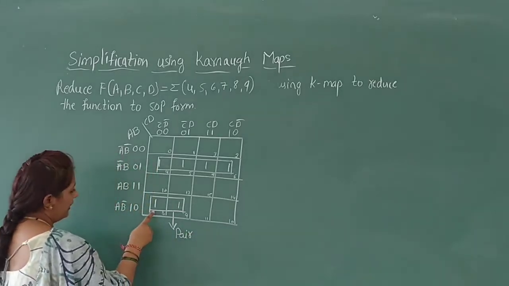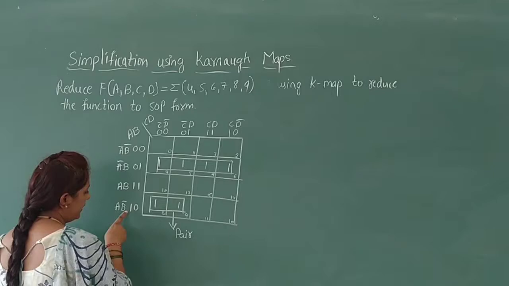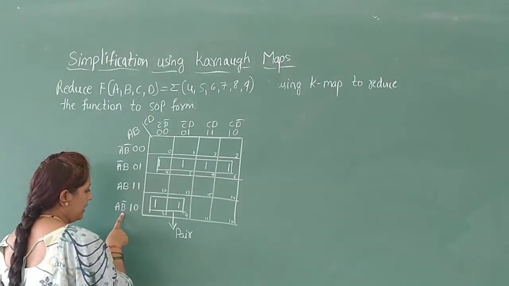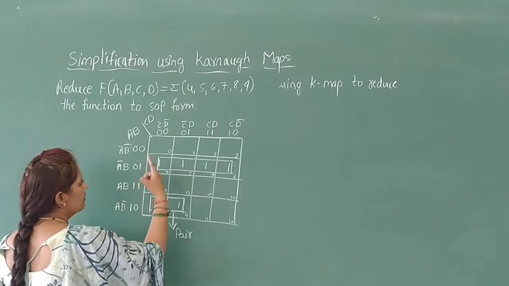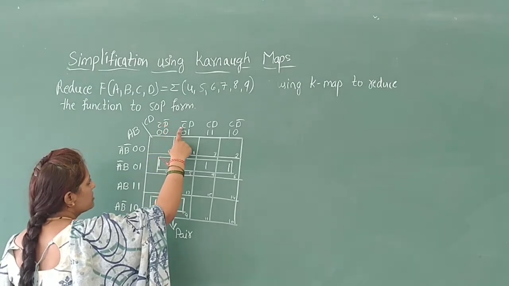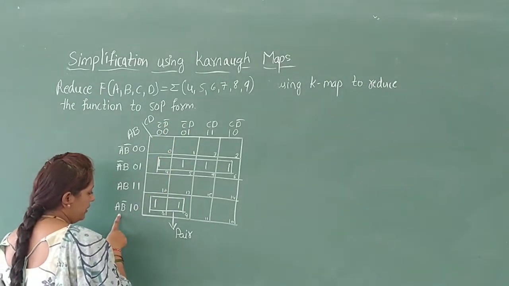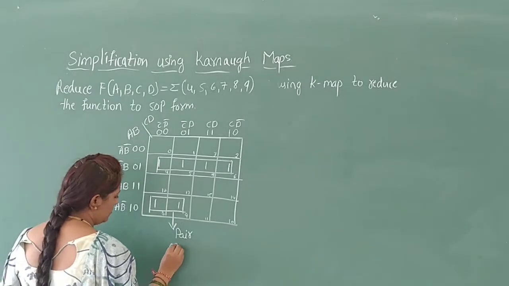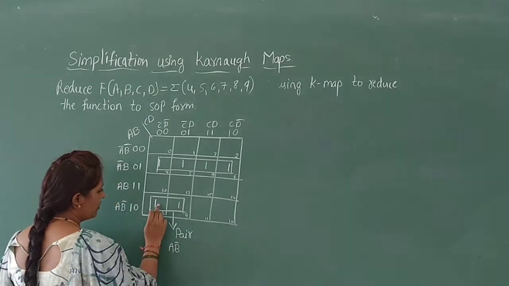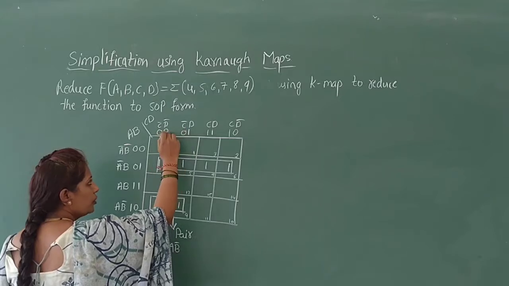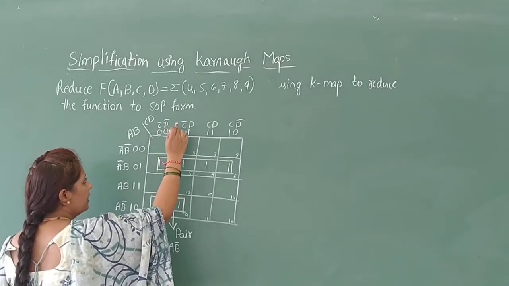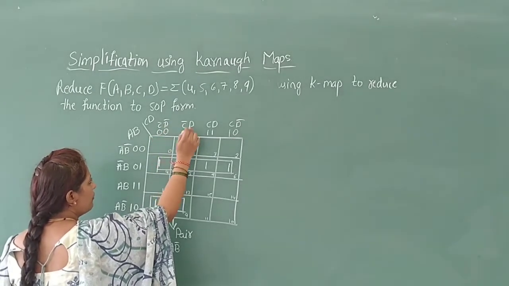The minterm value is located in the row A B bar, but in columns C bar D bar, C bar D. Only one row is there. Take this as the same A B bar, but it is located in 2 columns C bar D bar, C bar D. Compare these two values.